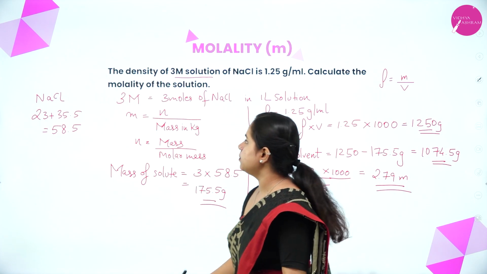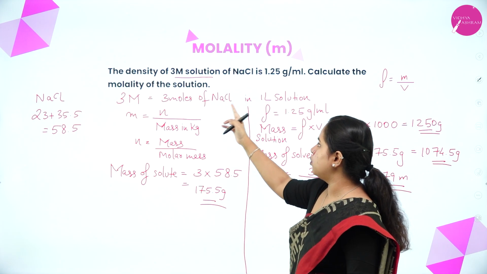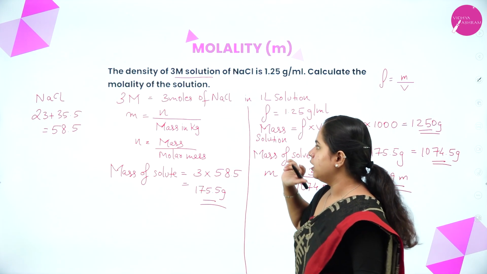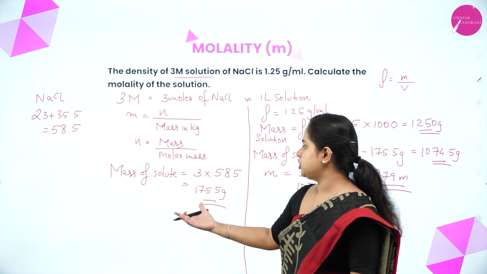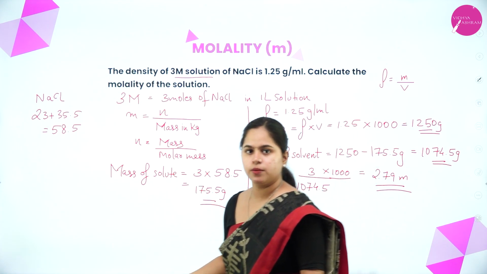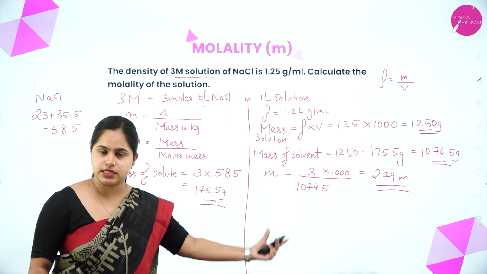Let's quickly revise it. In the question, 3 molar was given, so that means 3 moles of NaCl in 1 liter of solution. Then we calculated the mass of solute from the number of moles. Then you calculated the mass of solution because the density was given.